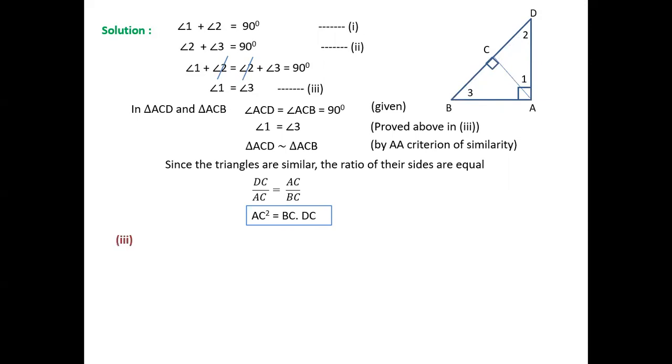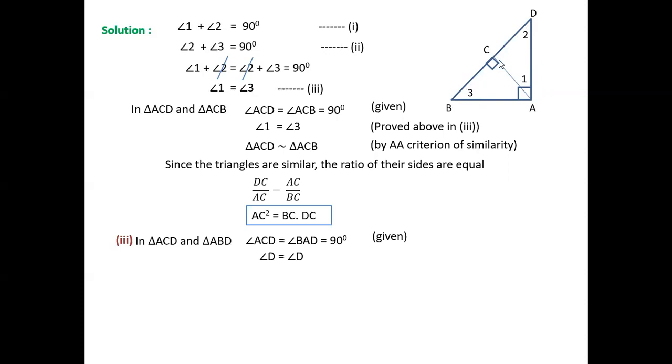Now let's take the third case, ACD and ABD. ACD is this triangle, and ABD is the complete triangle. In this, angle ACD, that is 90 degrees, is equal to BAD. Both are 90, it is given.